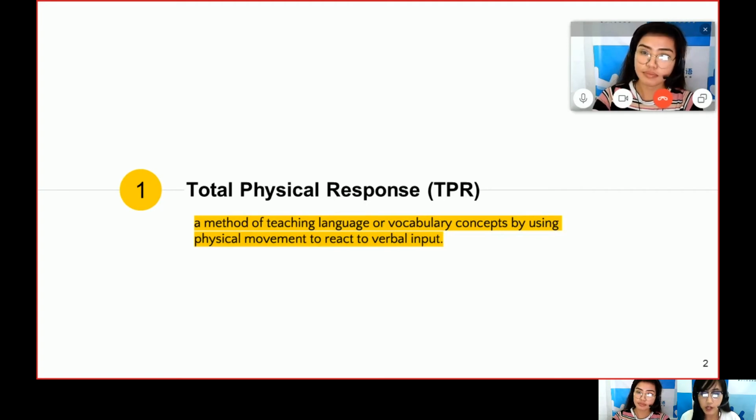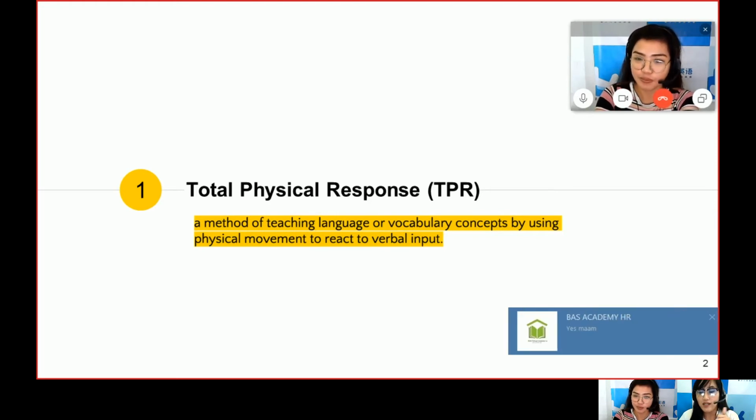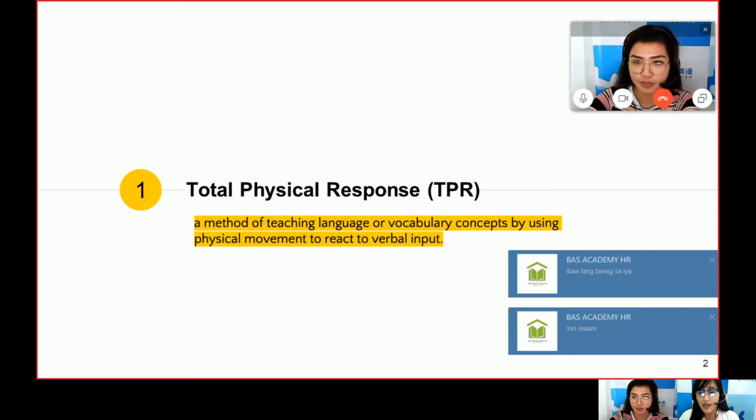Or to make it short, you are waiting for the response through actions. For example, good morning, nice to meet you. Can you shake hands with teacher?